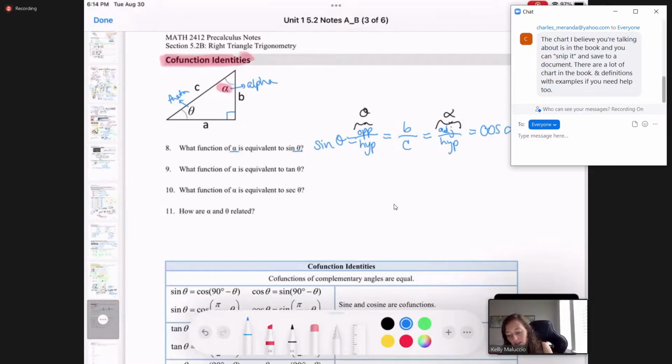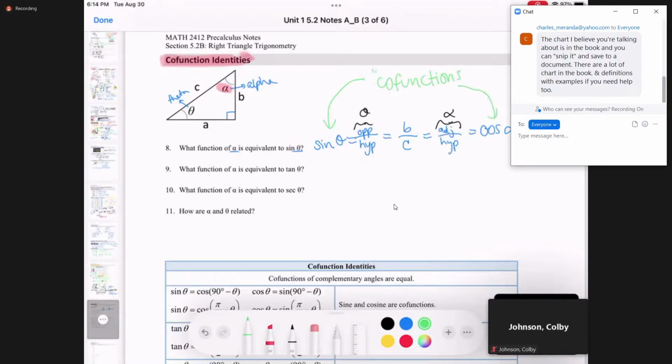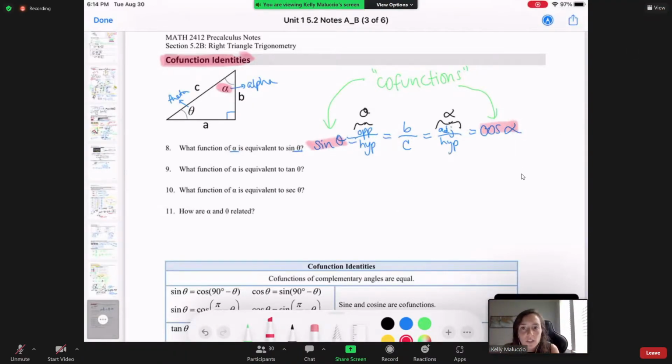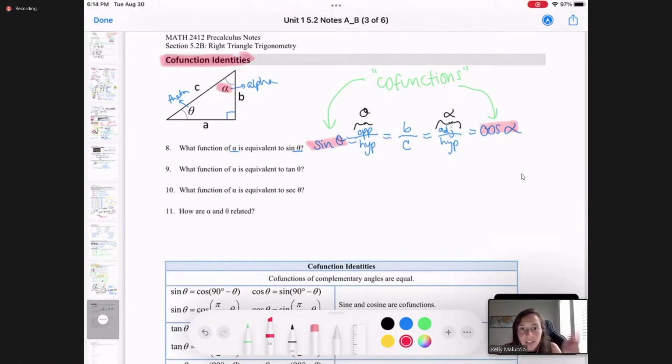I'll highlight later that what we get here and here are going to be the co-functions of each other. So for example, sine theta and cosine alpha are co-functions. Keep in mind, these angles are different because sine is not equal to cosine. But when you flip-flop the angles, that's why they're co-functions: when you change the angles, you can change the trig function and they're equal.